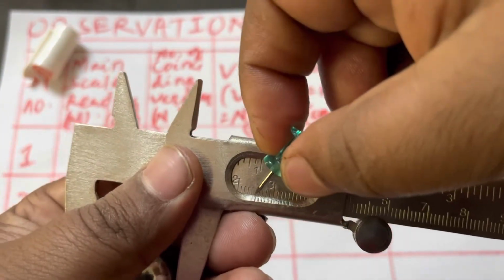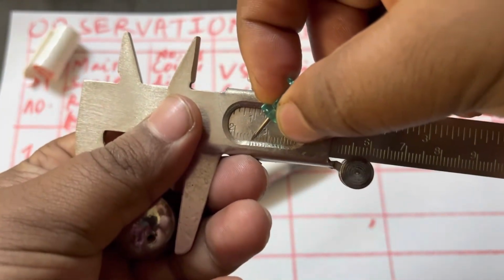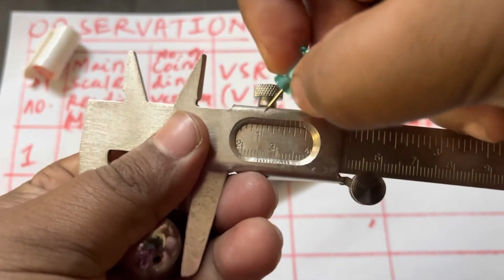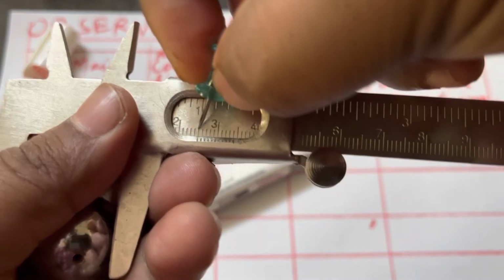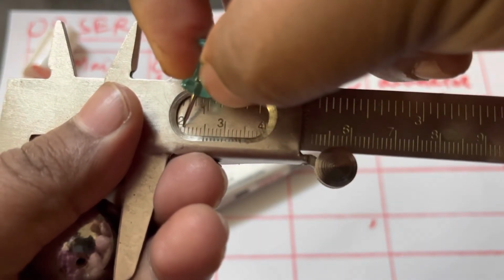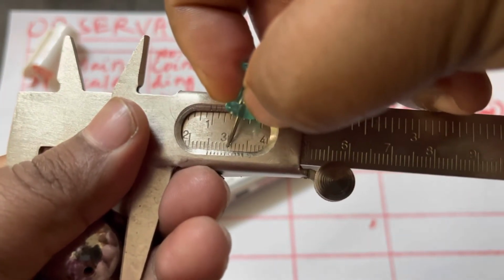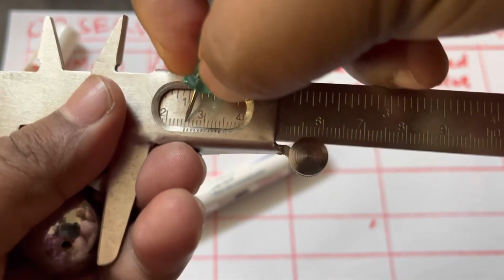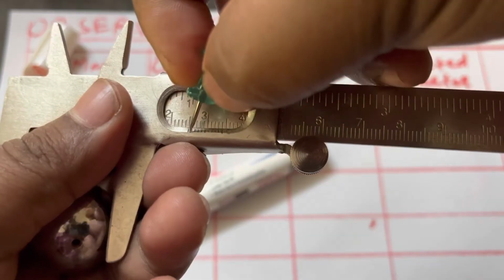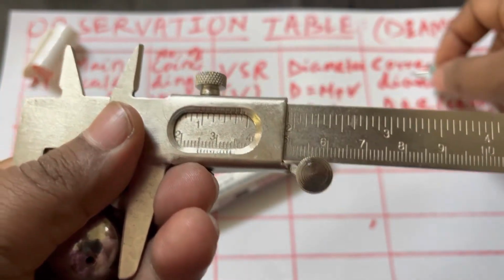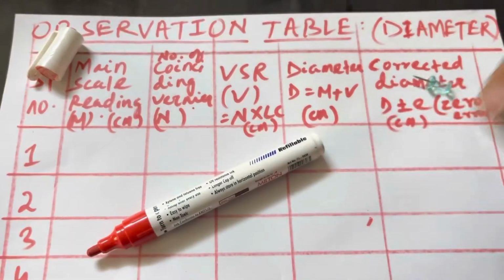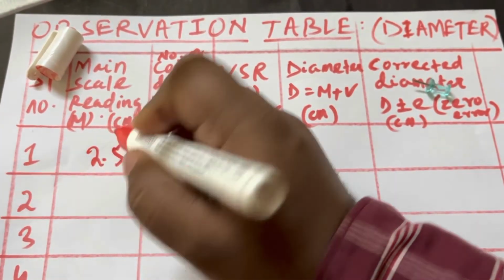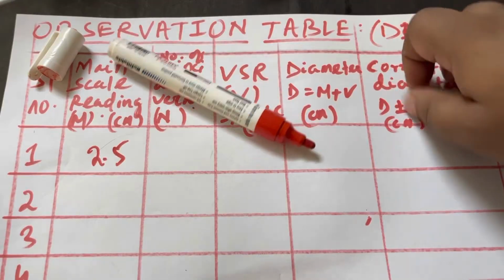So what is this line reading? If you can see clearly, this is 2, this is my 3, so this line is coinciding approximately. So what will be the reading? This is my 2.5 main scale. So my main scale will be 2.5, right?